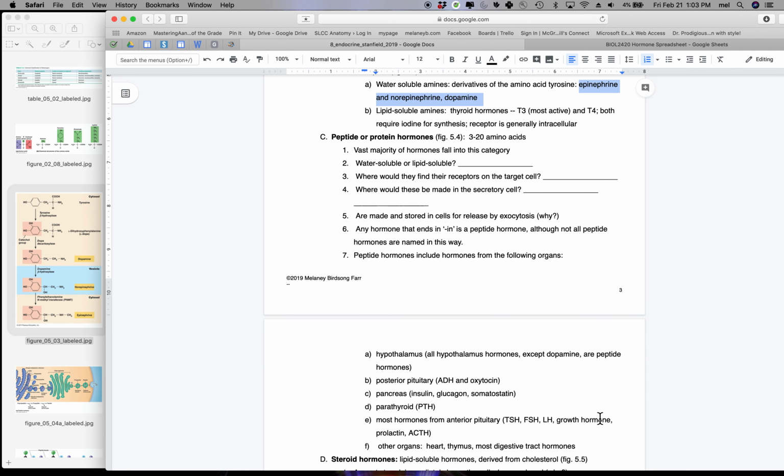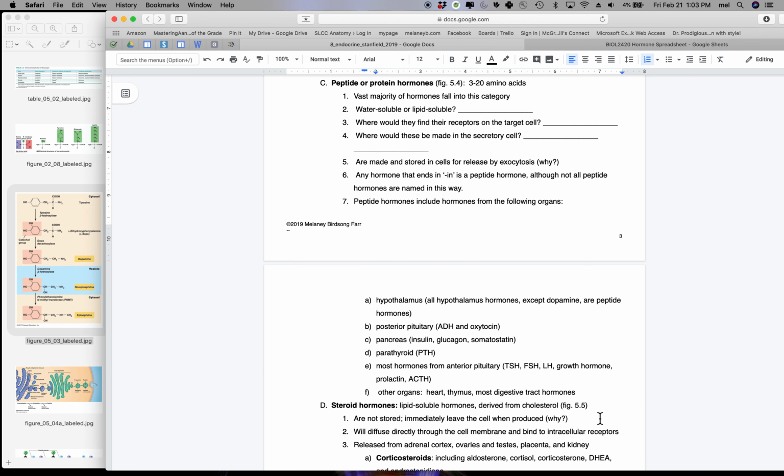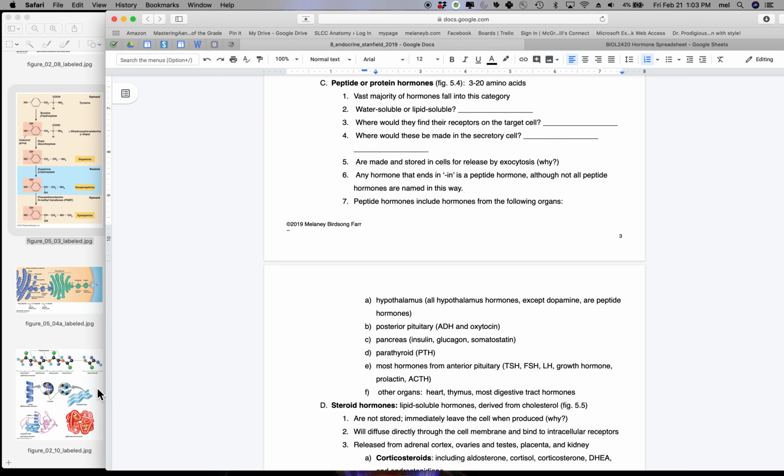Okay. And then the biggest category of hormones, as far as most things fit into this category, are what we call the peptide or protein hormones. And peptides or proteins are anywhere between 3 amino acids linked by peptide bonds up to 20 amino acids linked by peptide bonds.